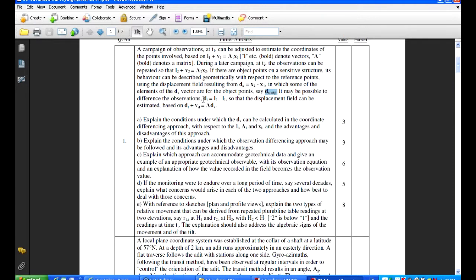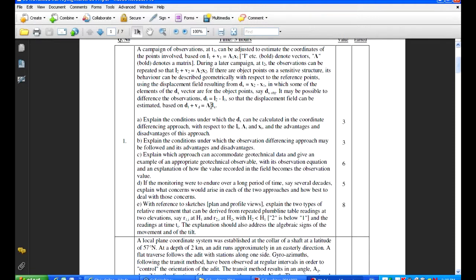If we have exactly the same observables in both campaigns, then we can take the differences between them. And that's the observation differencing, which is this process here. Later campaign observation value minus the earlier campaign. And if we go through the theoretical development, we can take that vector and do this through the same design matrix as we have up here, because it's the same geometry and the same observables.